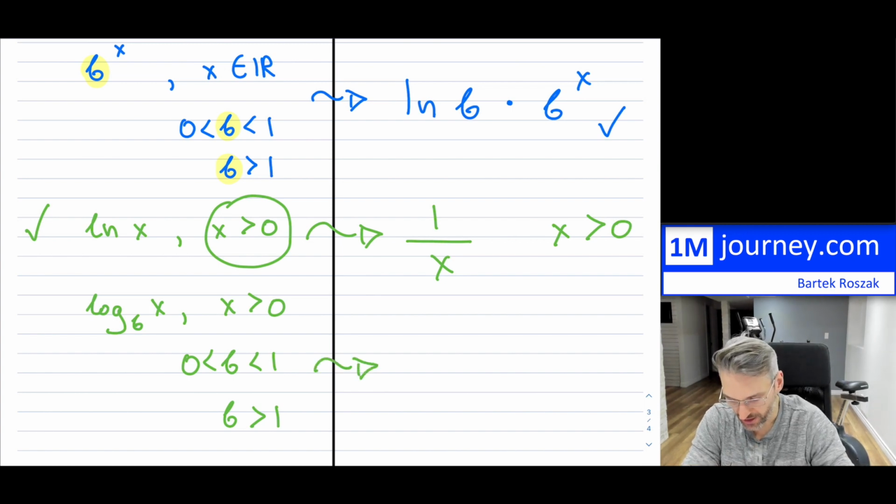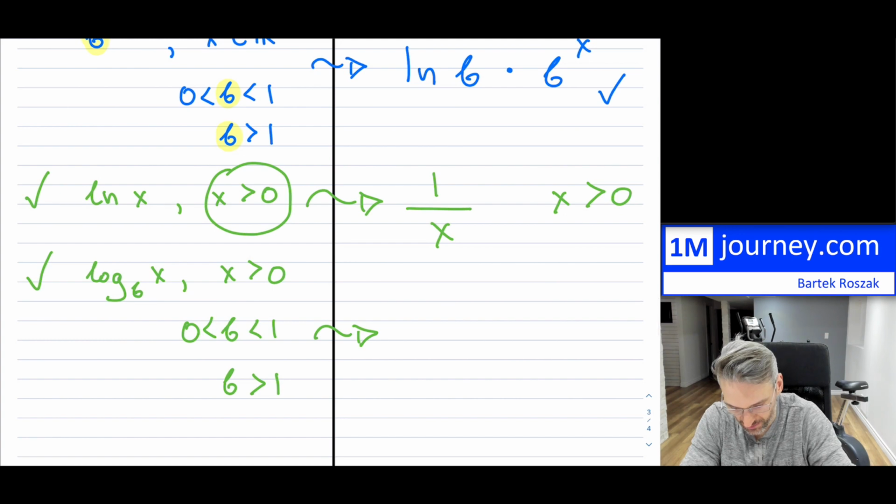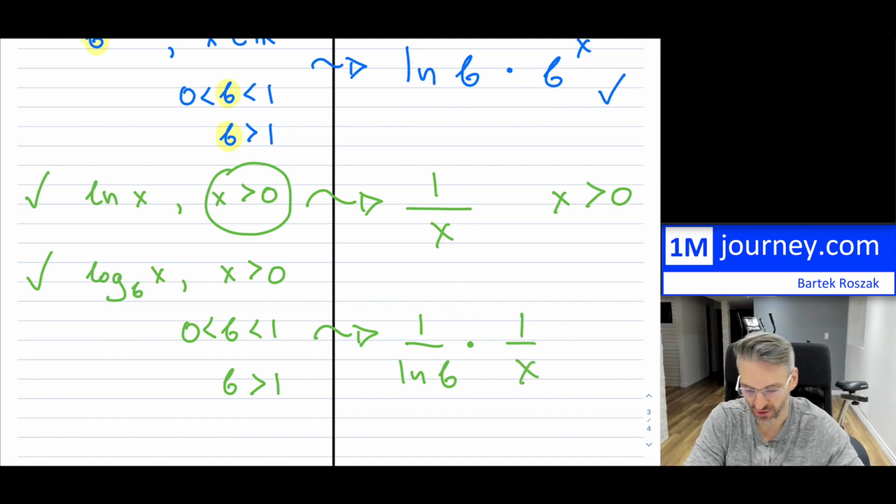And right here, if you take the general log of any base, this is going to be simply 1 all over ln of b multiplied by 1 over x. So very similar to the one which is just above. And again, this is for x greater than 0.